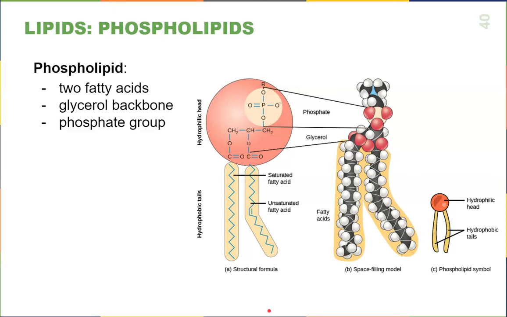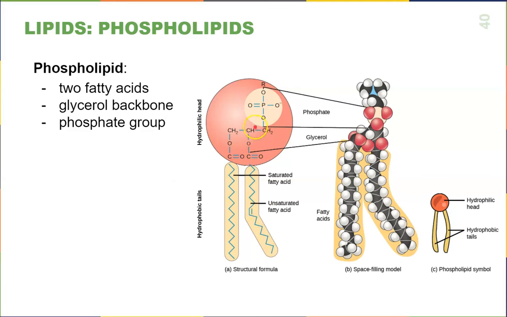All right, phospholipids. So phospholipids are found in the cell membrane. So all the cells in your body have a cell membrane, and phospholipids make up that membrane. So phospholipids are different. They are almost like a triglyceride.